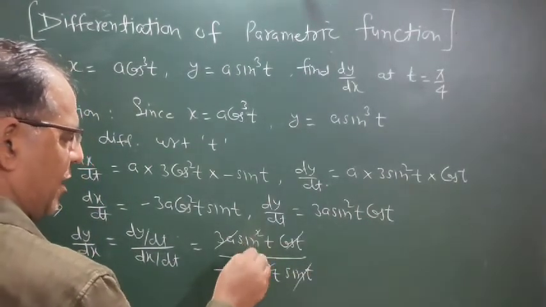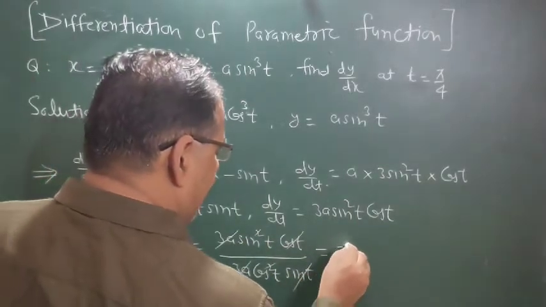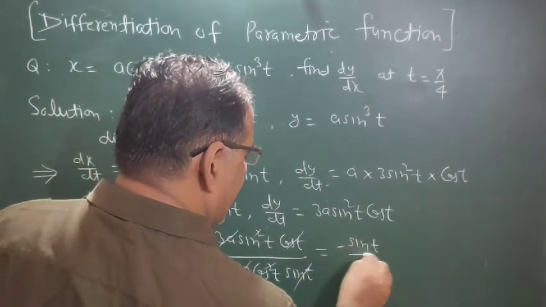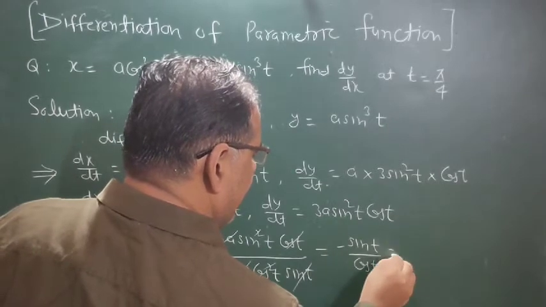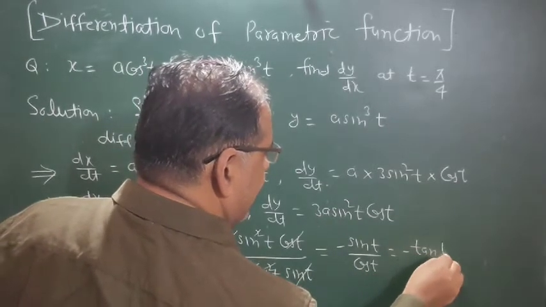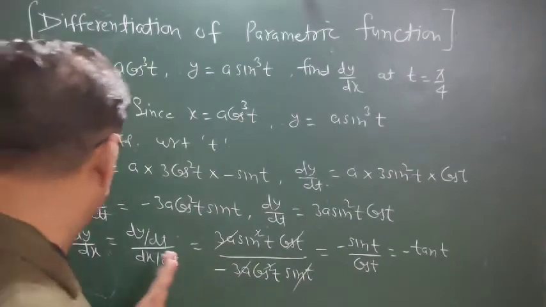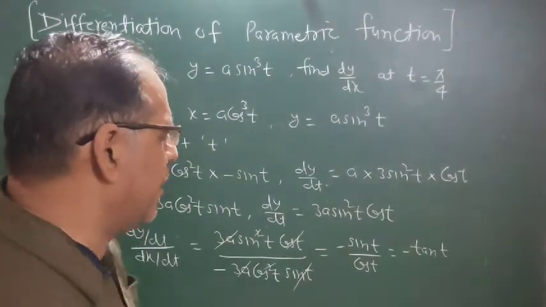Similarly, 1 sin t cancels out with 1 power. Now we have only minus sin t upon cos t equal to minus tan t. This is the last, dy over dx is equal to minus tan t.